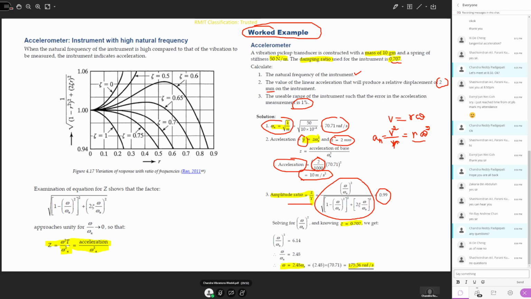The damping ratio eta is given as 0.707. From this calculation, you can calculate R square, so therefore you know R. Since you already know natural frequency, omega can be calculated.